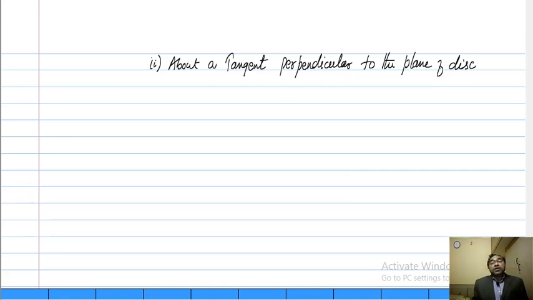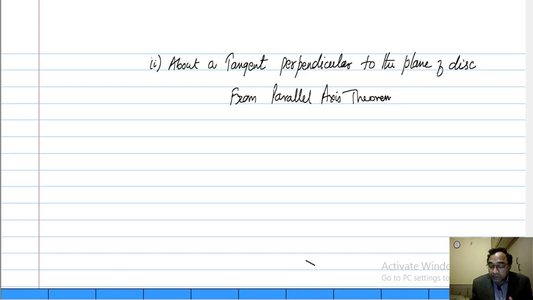The disk is this way, the tangent is this way. So from the parallel axis theorem, I about the axis is equal to I naught plus mass times the square of the distance. This is what we have.